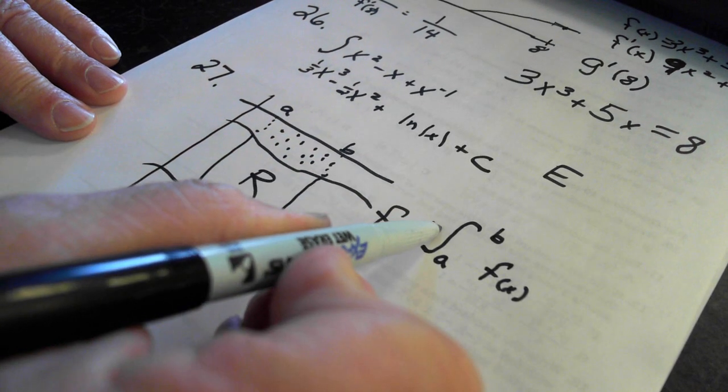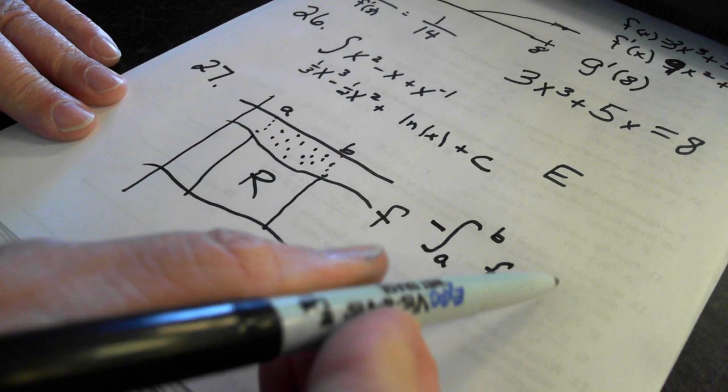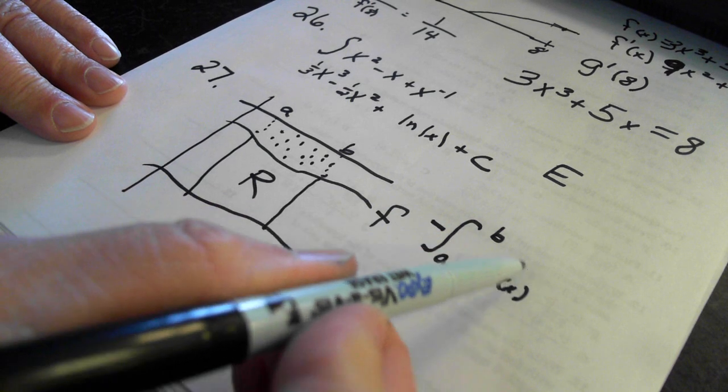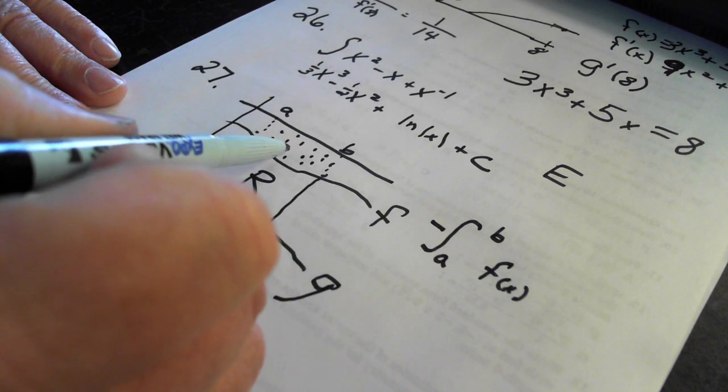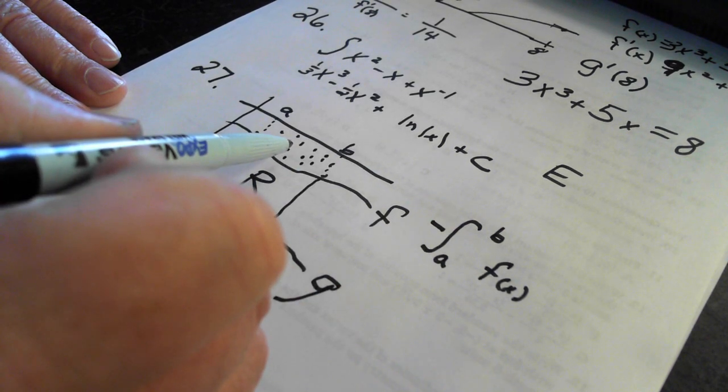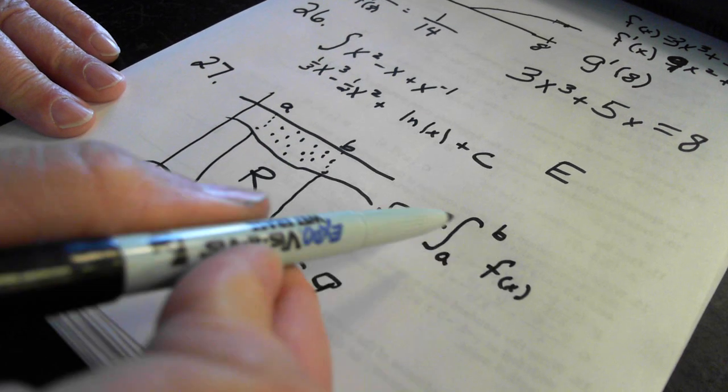So if you put a minus in front of that, then this expression would give you that dotted area. So you're going to have to negate it.